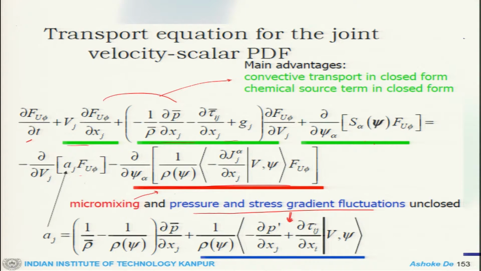So, one has to handle that properly to close these terms. And if you immediately try to see the difference between your scalar PDF and the velocity scalar PDF, starting from the governing equations it becomes a little more involved or rigorous, because as long as you had only the scalar PDF, you never had this term arising on the right hand side.